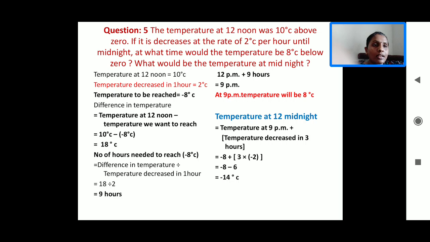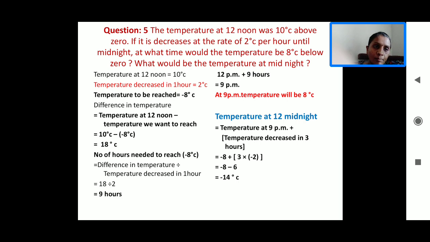So first I would like to clarify the meaning of above 0 and the meaning of below 0. Here above 0 means plus 10 degrees centigrade. As we know, there are two types of temperature we can measure in our weather.